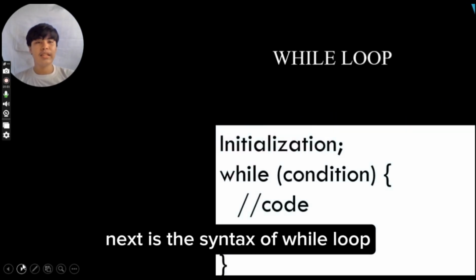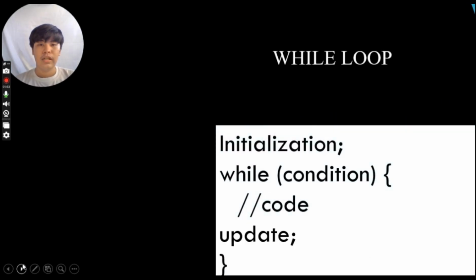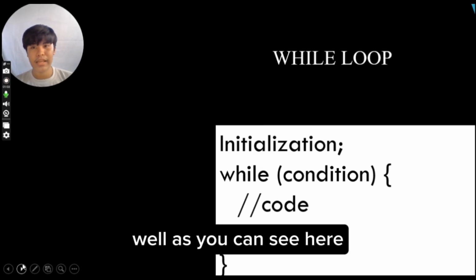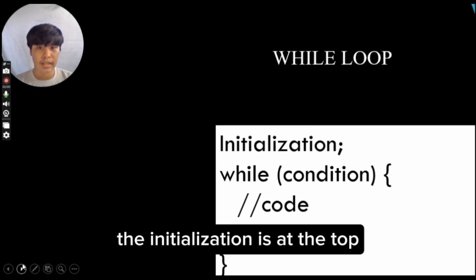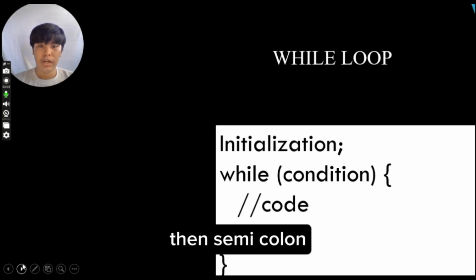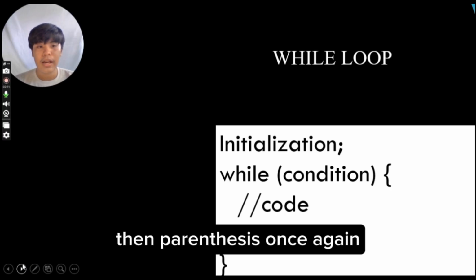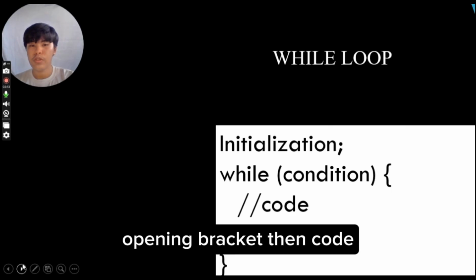Next is the syntax of while loop. As you can see here, the initialization is at the top. Then semicolon, while, then parenthesis, condition, then parenthesis once again, opening bracket, then code.